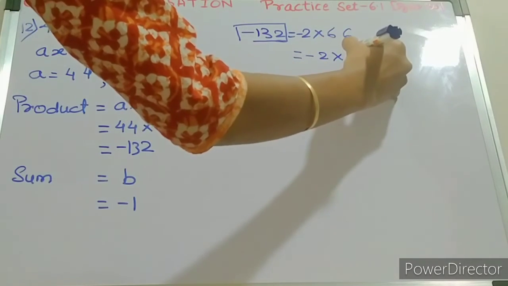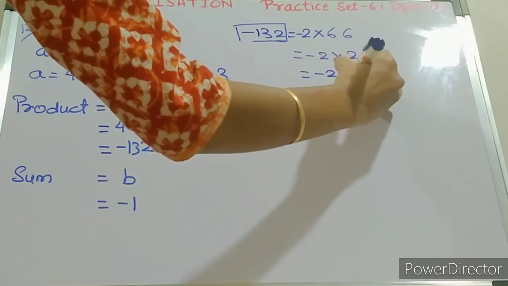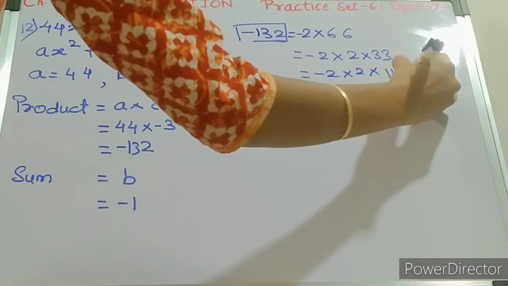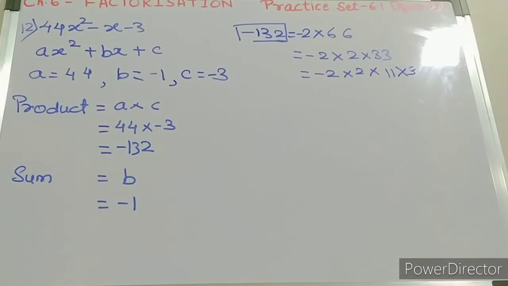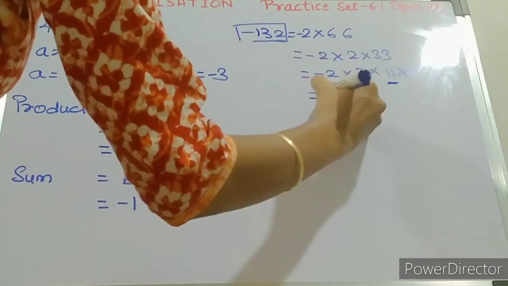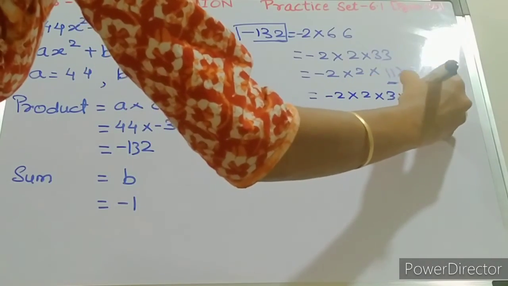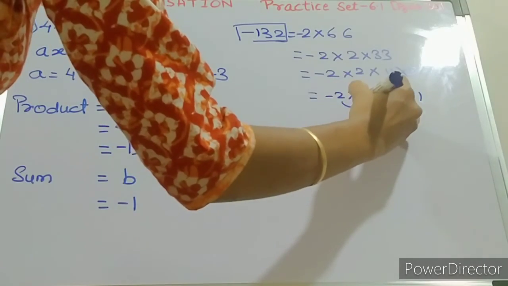What will be the factors for this? Again, next, minus 2 into 2 into 11 into 3. Correct? Now, can I find something here? If I take 11 and multiply everything else, that is minus 2 multiplied by 2 multiplied by 3, what will be the answer?